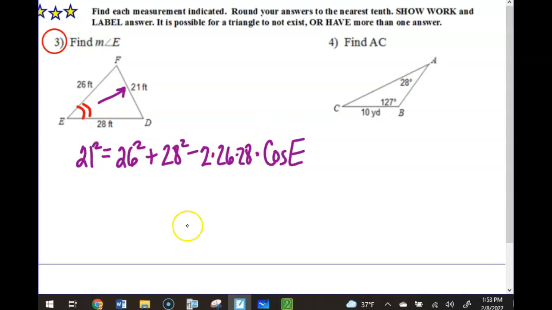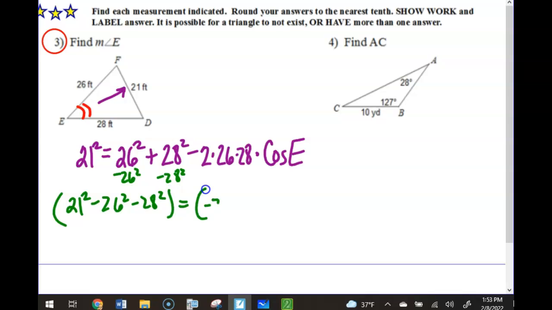Okay, a lot of people can write that down right and they can't type it correctly. Do you remember what we do first? Yes, we're going to subtract these over the other side. You could add them and then subtract it. That would work, but I've been doing it this way the whole time. So I'm going to subtract all those over the other side.